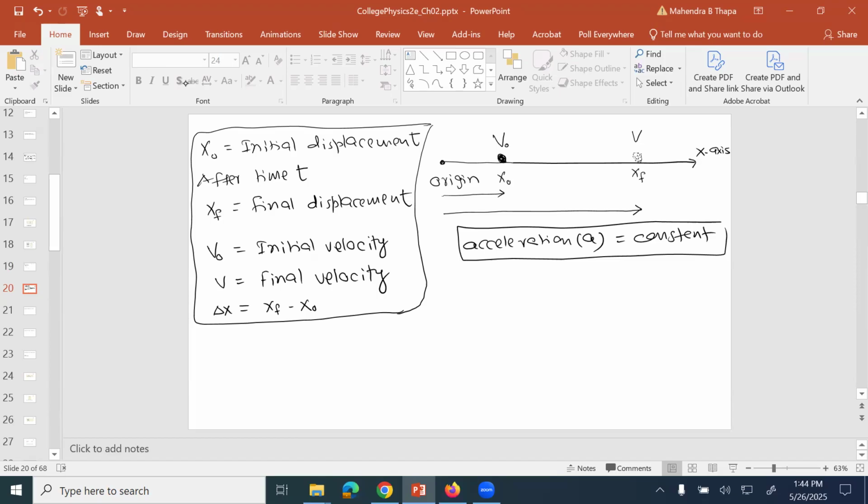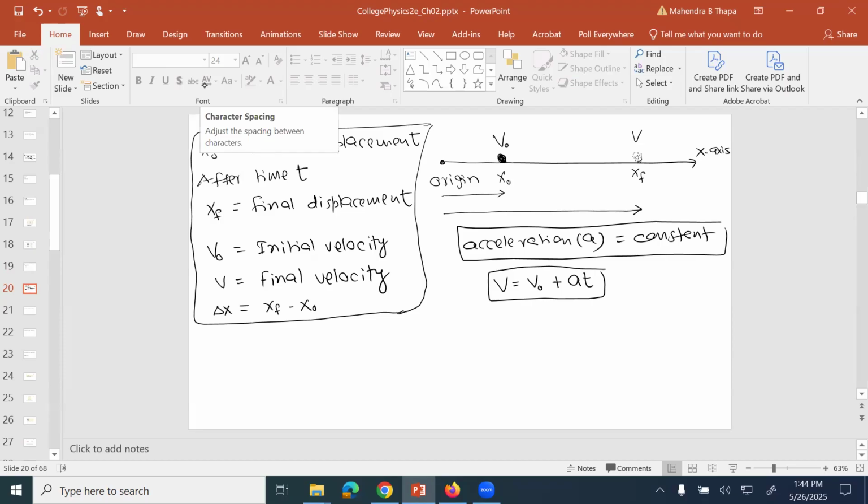We can write v equals v naught plus a times t. v is the final, v naught is the initial, a is the acceleration, and t is the time. Okay, sorry, time, not the time period.